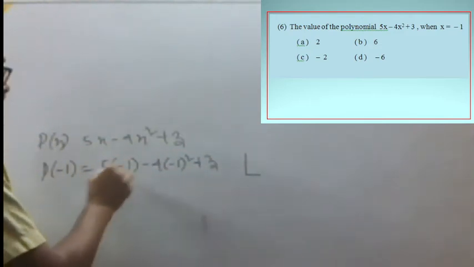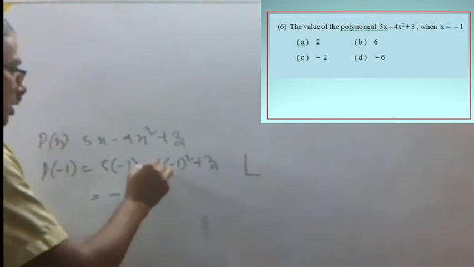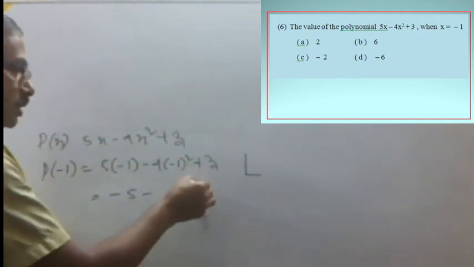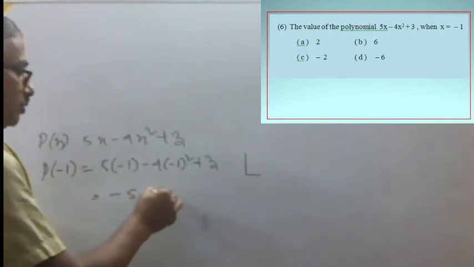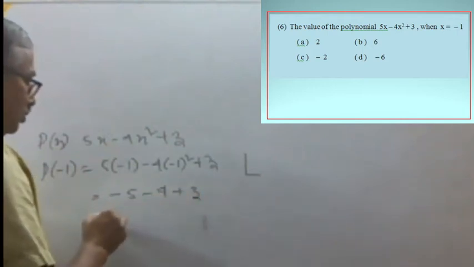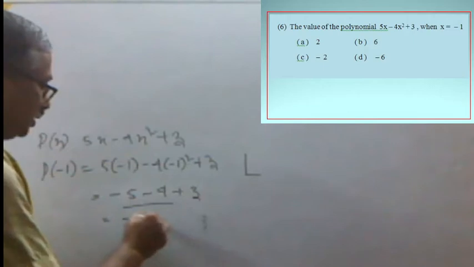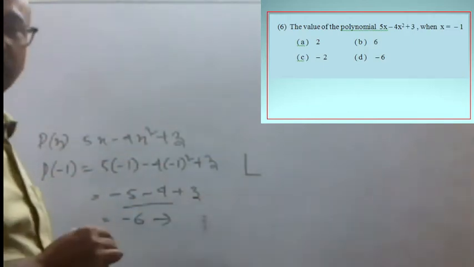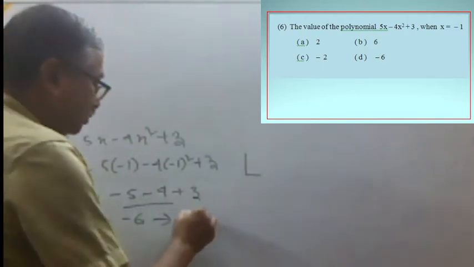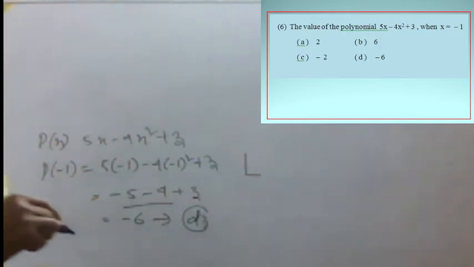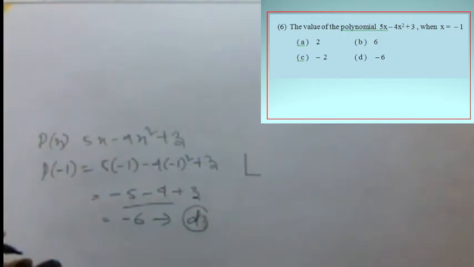So 5 into minus 1 is minus 5. Minus 1 squared is plus 1, so this is minus 4, and then plus 3. So minus 5 minus 4 is minus 9, plus 3 is minus 6. This is given in option D, so the correct option is D.